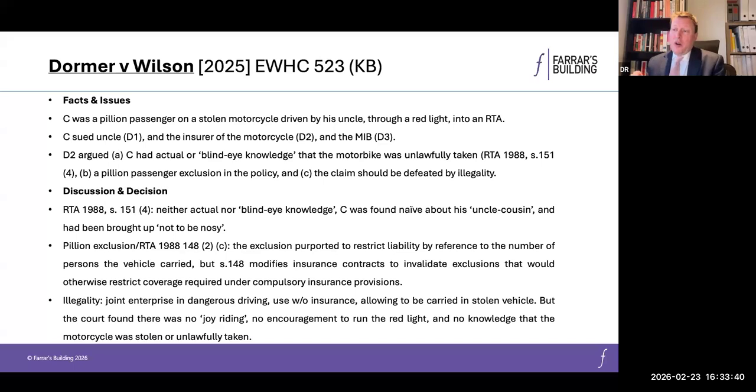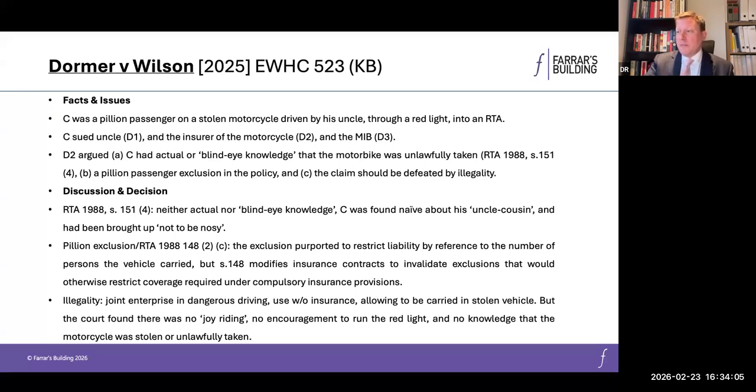And interestingly, on an assessment of the particular facts of this case, the court determined that the claimant didn't have actual knowledge and didn't have blind eye knowledge that his uncle had stolen the motorcycle. The claimant was found to be a streetwise young lad, but with a certain naivety about his uncle, his cousin. The uncle being, as I say, just about a year older.